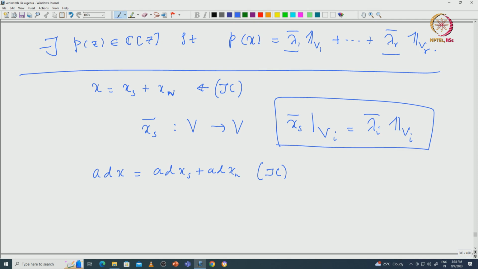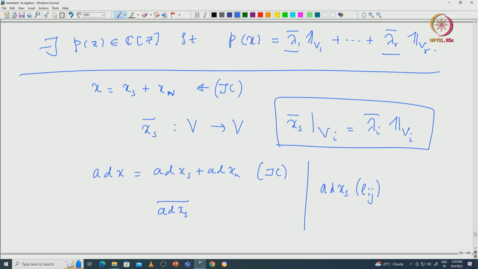So in particular we can talk about ad x_s bar. If you think about it, this ad x_s bar is given in terms of ad x_s. If you recall how ad x_s acts on E_ij.